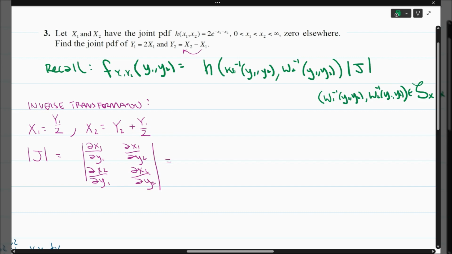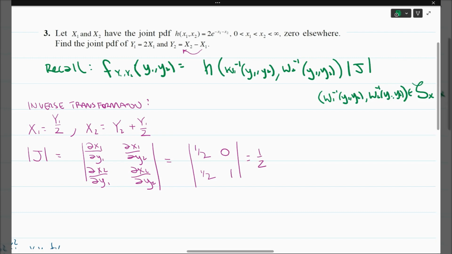Okay, so x1 y1 is 1/2, x1 y2 is 0, x2 y1 is 1/2, x2 y2 is 1, Jacobian is 1/2.